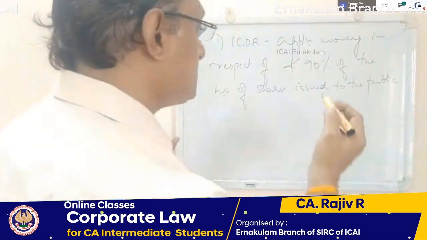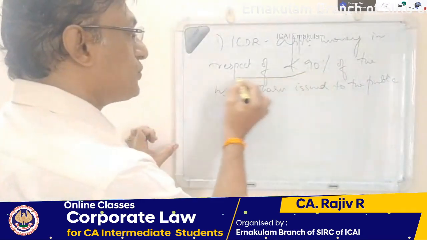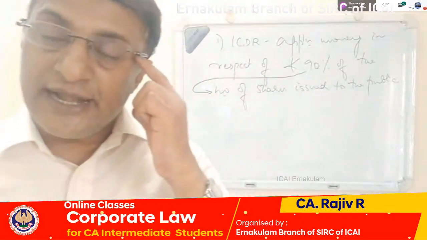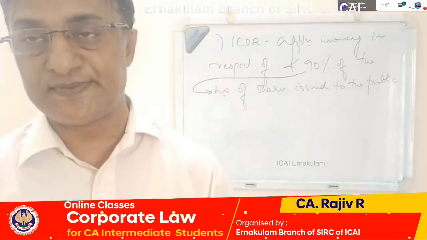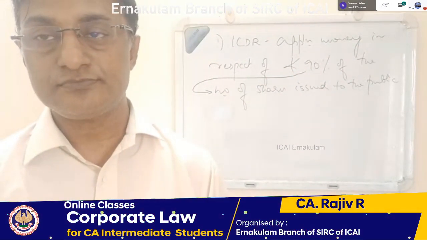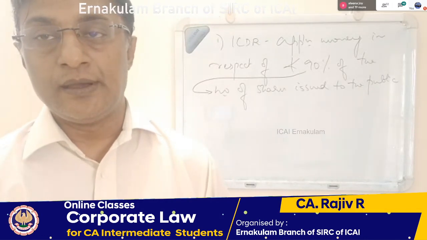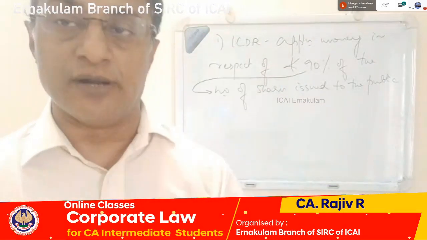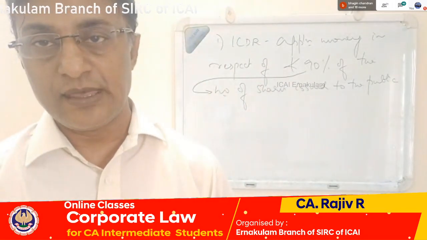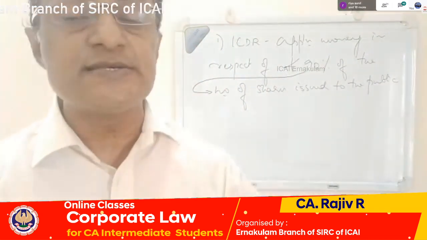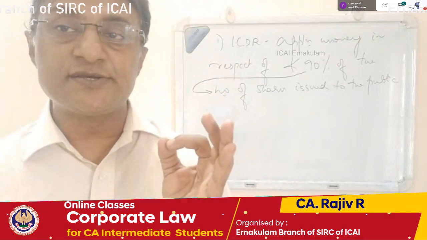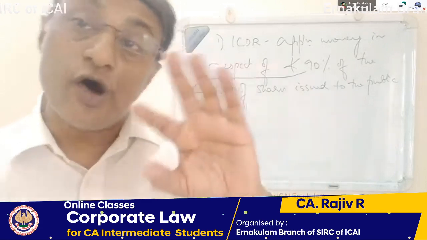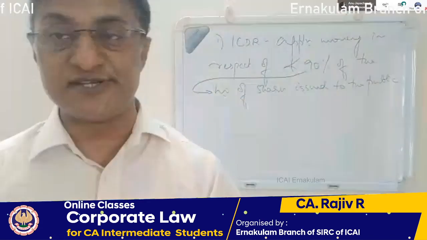So the 90% actually refers to a quantitative number. It is not 90% of the issue size. So SEBI says the minimum subscription which must be raised by a company on a public issue of capital is 90% of the number of shares for which the application money is received.